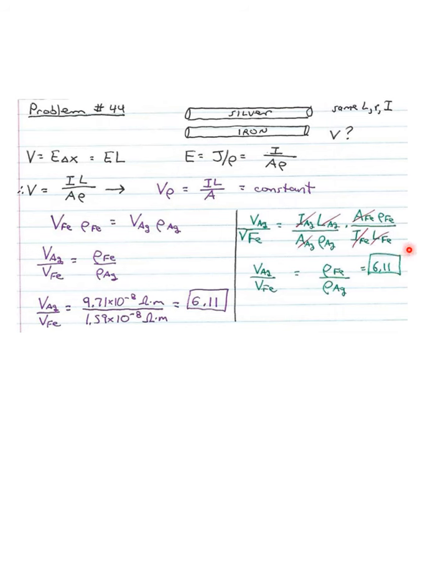So you're going to multiply by the reciprocal of that. You see all the things that are going to divide out because current through the silver, current through the iron, those are the same. Area of the iron, area of the silver, those are the same, as are the lengths. And what you're left with is the ratio, the same solution that I got over here in the purple ink. And you still get the ratio of those resistivities. So 6.11 to 1 ratio.